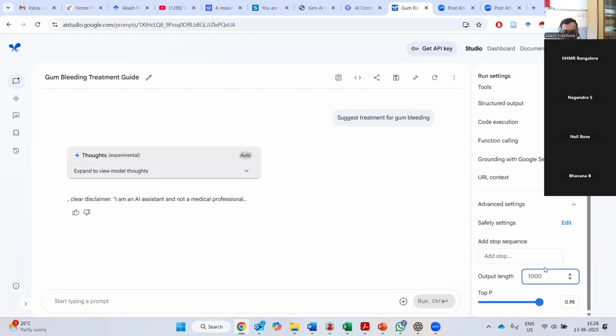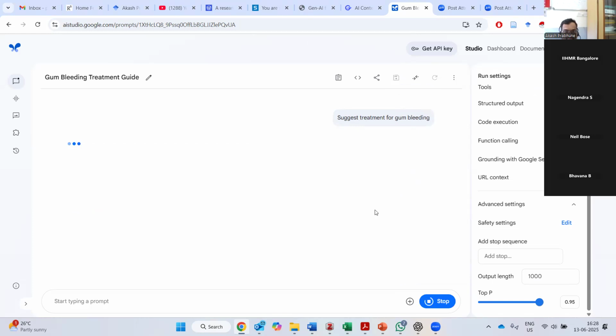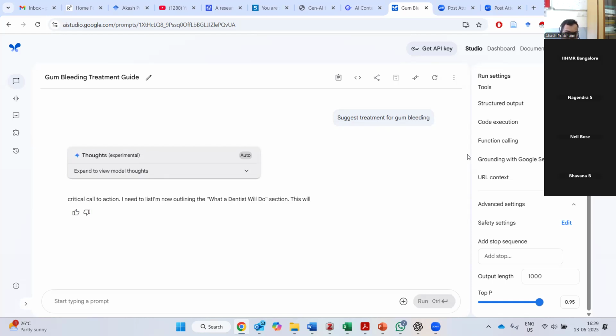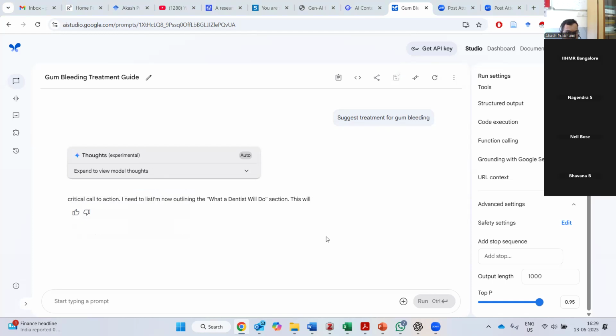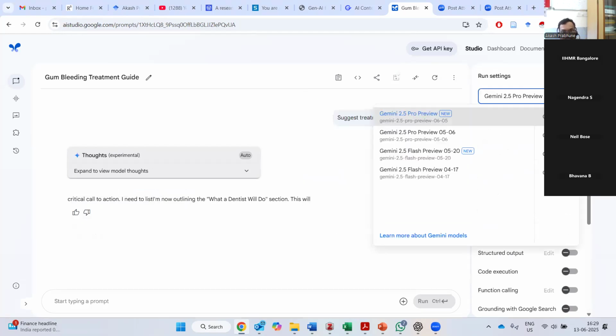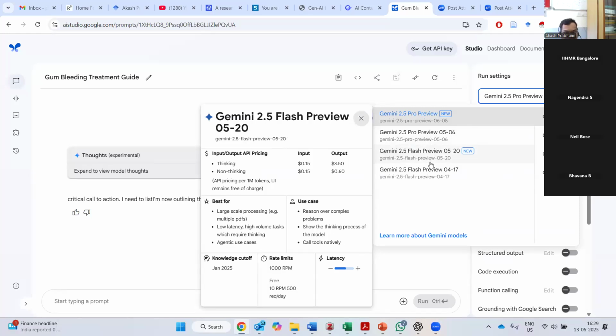I will have to keep it at 1000. Something's going wrong. Has anyone tried on ChatGPT?